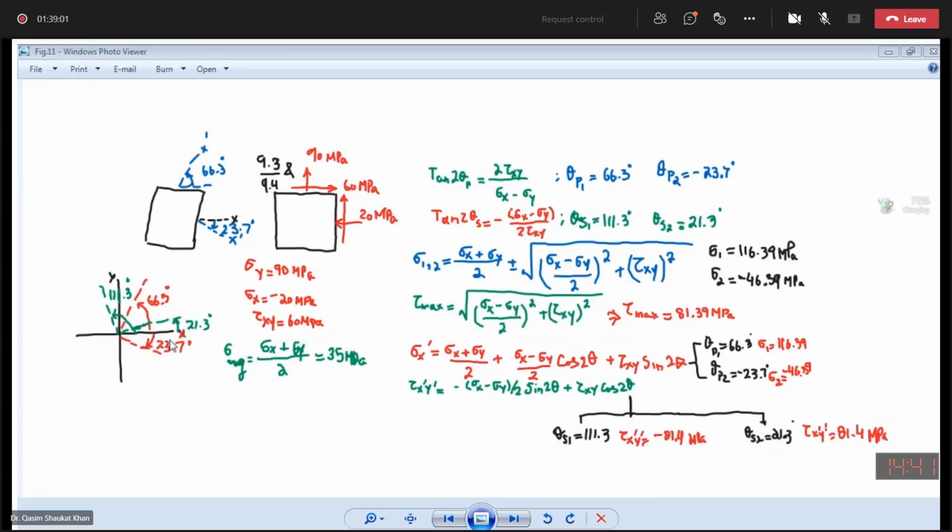You take the minus because it is clockwise. Take your time. If you have any query, you can ask me. Is it clear?